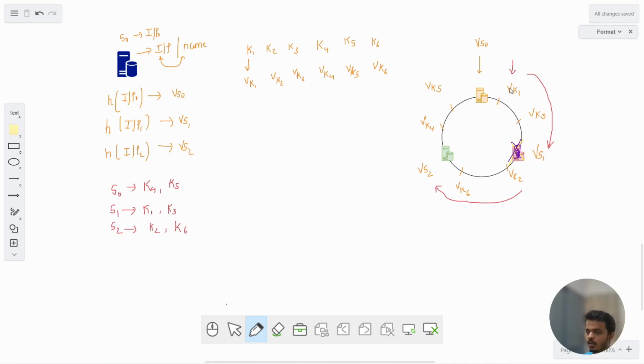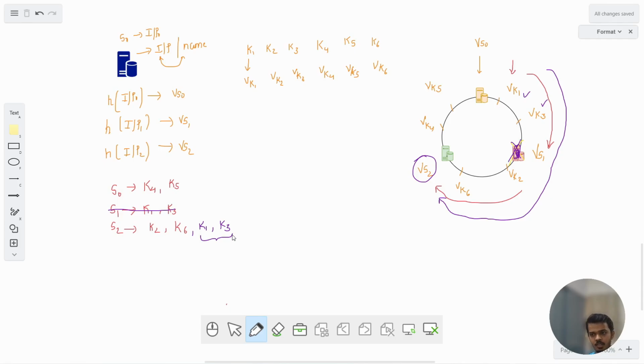According to the rule, keys K1 and K3 will go in the clockwise direction, and now the first server they will encounter is server S2. So K1 and K3 are going to be remapped to server S2. Now you see, in the previous method 4 out of 6 keys were getting remapped, but here only 2 keys have got remapped.